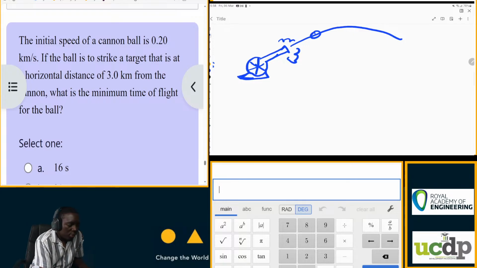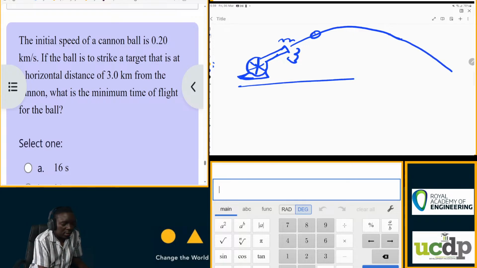So we've got a cannonball released, and it will definitely make a projectile motion like that. And the speed with which it is released is 20 kilometers per second. So we've got a speed there.